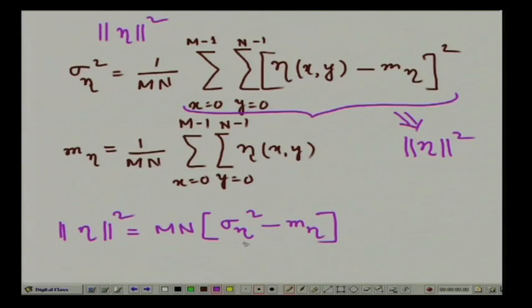Now, the estimation of noise variance and noise mean is very important. If I have only the degraded image, what I will do is look at some uniform gray level region within the degraded image, find out the histogram of that particular region, and the nature of the histogram is the same as the probability density function of the noise.